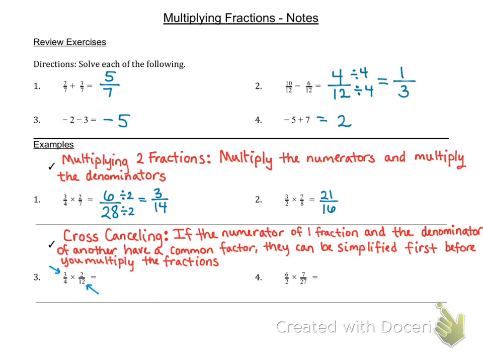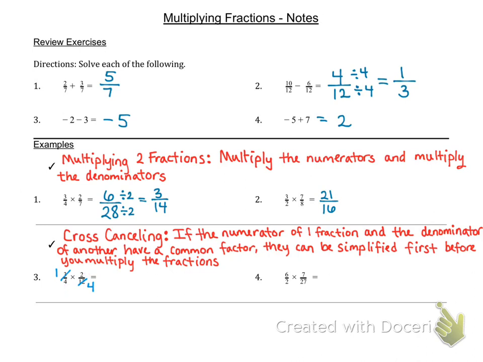Well, I could divide the 3 and the 12 both by 3. So 3 divided by 3 is 1, and then 12 divided by 3 is 4. Now let's look at the 2 and the 4. I can divide both the 2 and the 4 by 2.